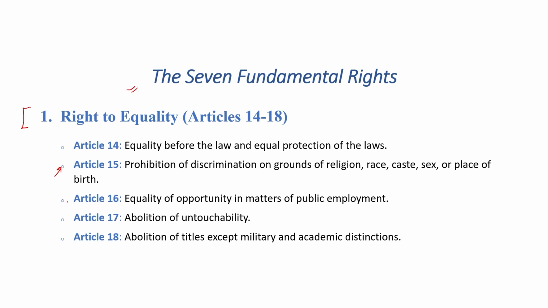Next is Article 16. What does Article 16 say? Article 16 says equality of opportunity in matters of public employment. It means equal opportunities in the context of employment. Every male and female has an equal right to opportunities in matters of public employment.